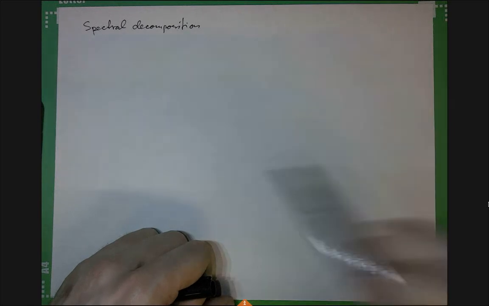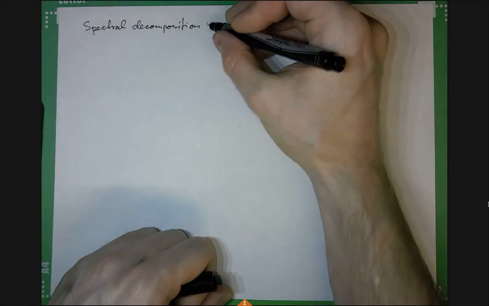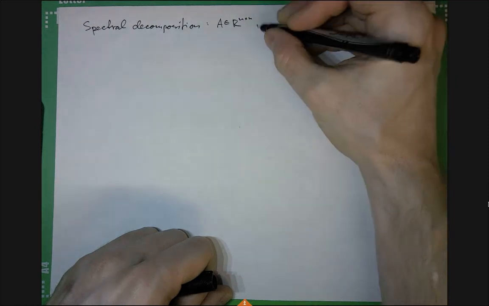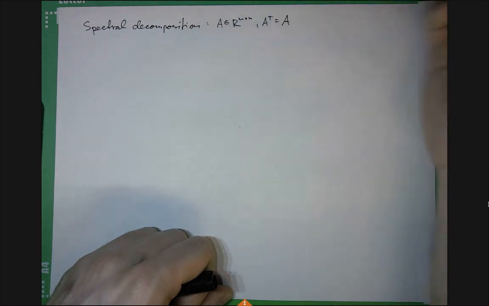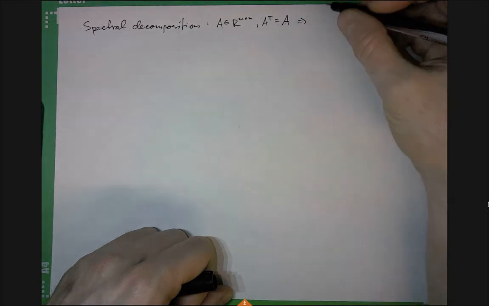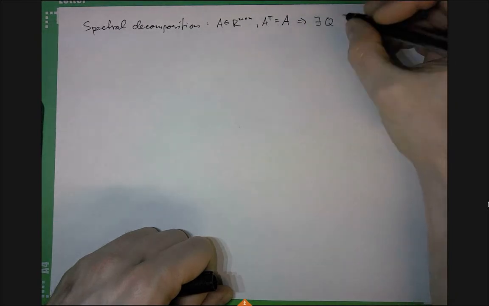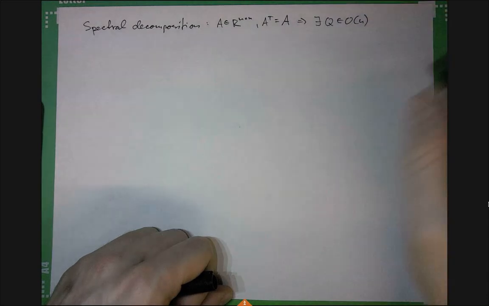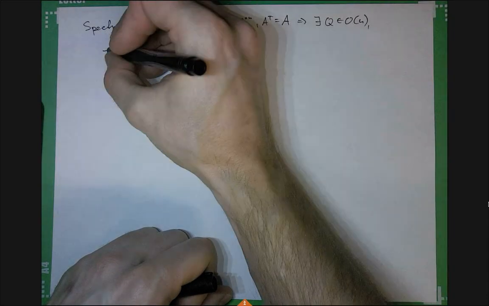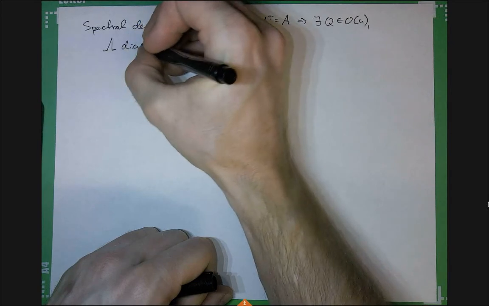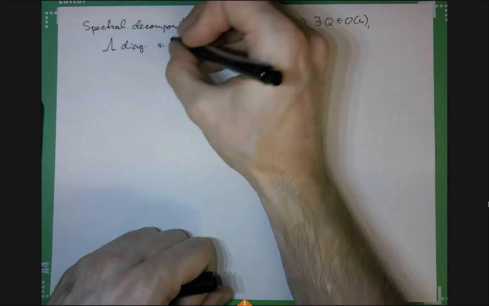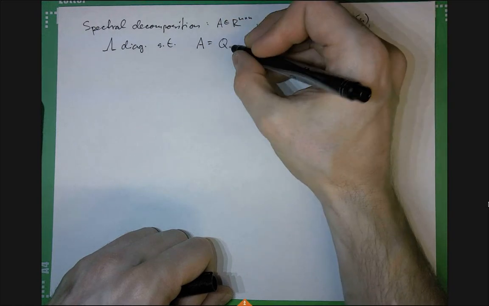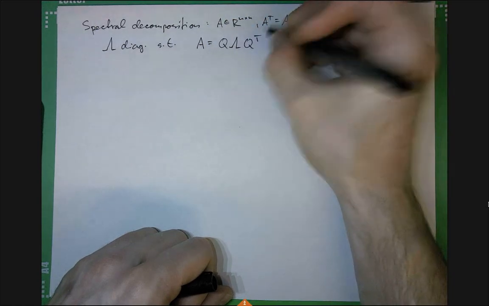So the spectral decomposition is another type, very important, and it works for a square symmetric matrix, and it says that then there is a matrix Q which is orthonormal and lambda which is diagonal, such that the original input matrix can be written in this form: Q lambda Q transpose.